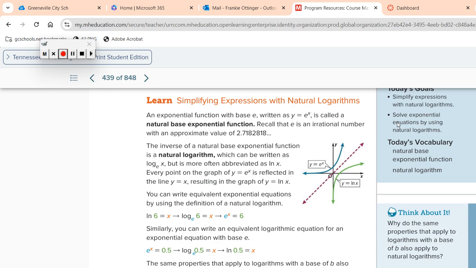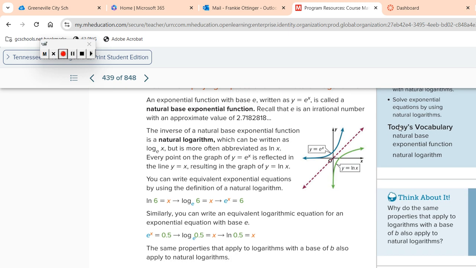You can see some examples of how they get this. We have the function e to the x, and if we take the log and make it base e, that is the same thing as having a natural log. So natural log is just a logarithmic function to the base of e, okay?